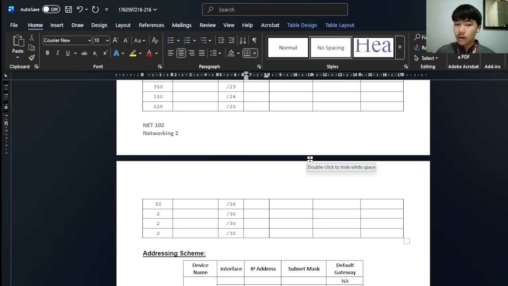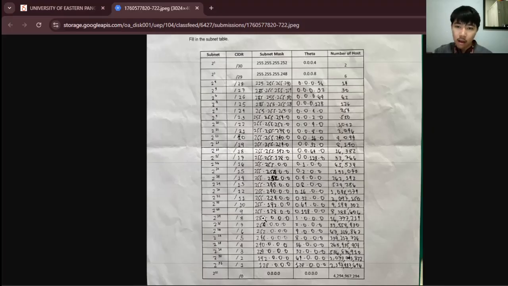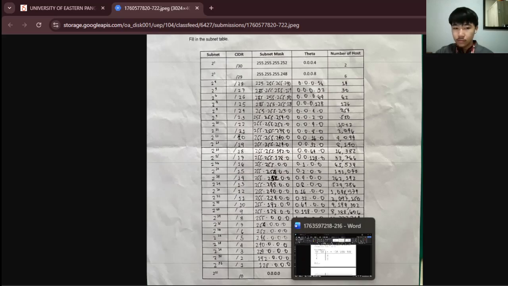The next thing that we are going to find is the theta. Same as with the CIDR, we are going to check the table from the previous activity that we passed.